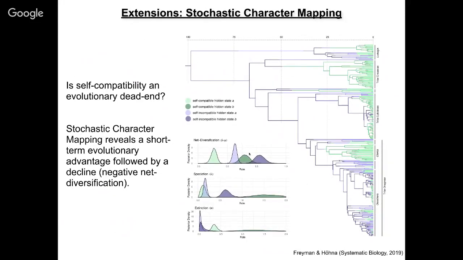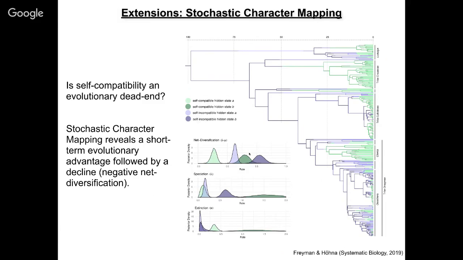In the follow-up paper, what we did there is look at a different system, self-compatibility versus self-incompatibility. And this is, again, tying in with our stochastic character mapping, because here we had the observed tip states, and we have 4 different rate categories. We can actually map, or we were trying to map, exactly where these diversification rate categories have happened.